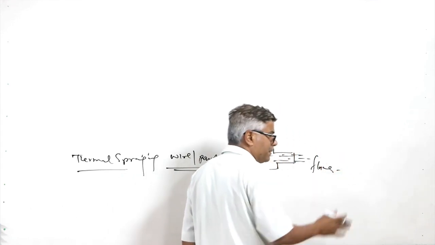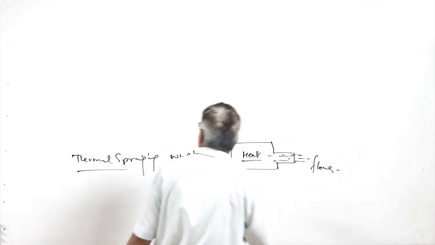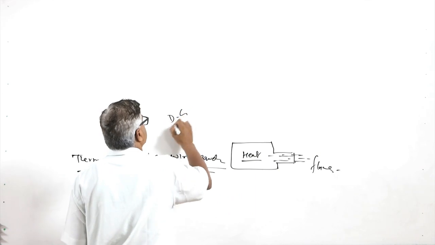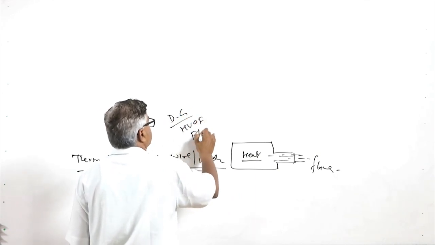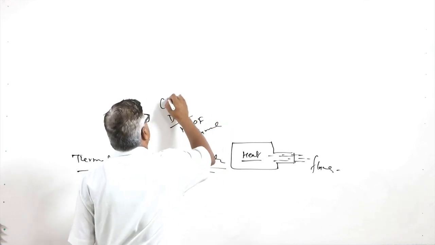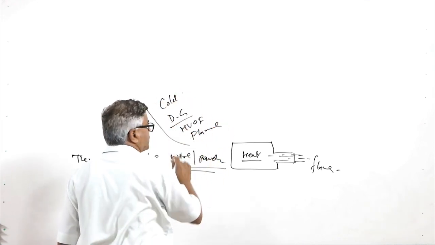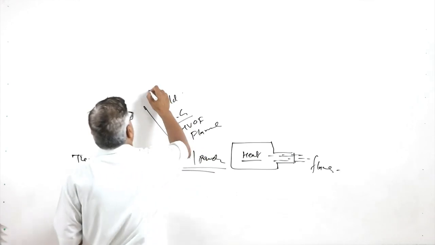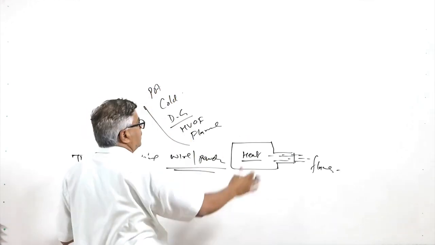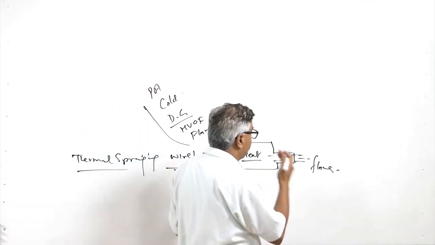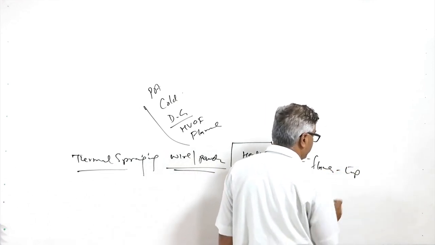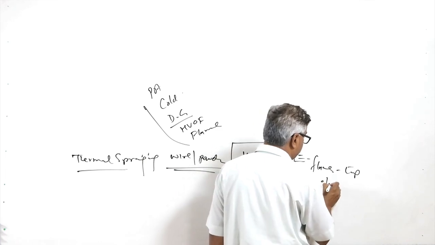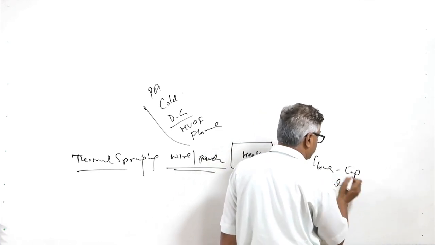So depending upon that, there are various thermal spray processes like detonation gun spray, high velocity oxy-fuel spray, flame spray, cold spray, and plasma arc spray. Depending upon the kind of spraying process, the flame temperature is different, and the velocity of the particles which is attained is also different.